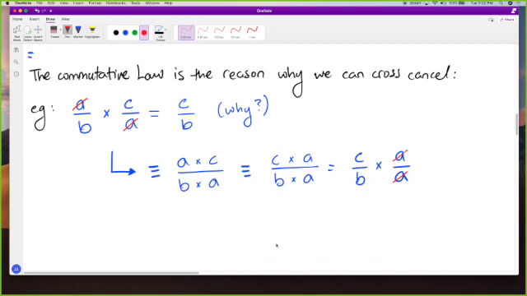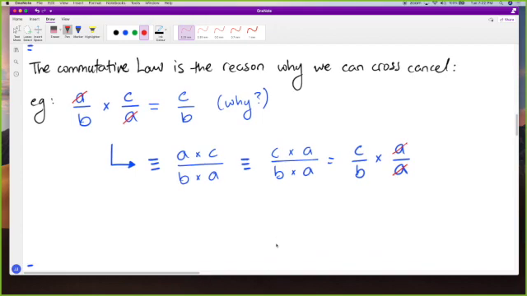Alright, so we're still talking about it, but the commutative law is the reason why we can cross cancel. What is cross canceling? Cross canceling is if I have 2 over 3 multiplied by 7 over 4, right? I could cancel this 2 here with this 4 here, 2 into 2 is 1, and 2 into 4 is 2.